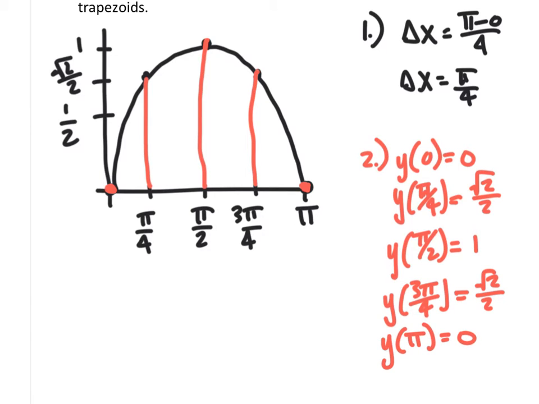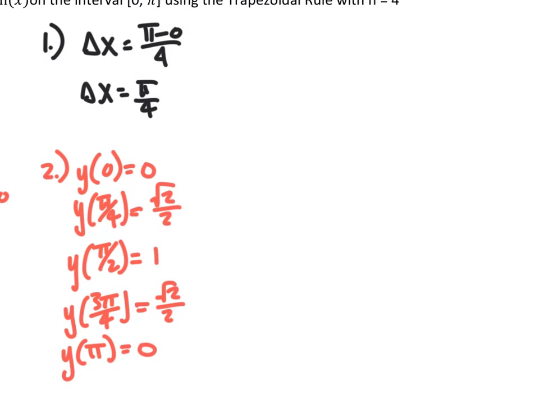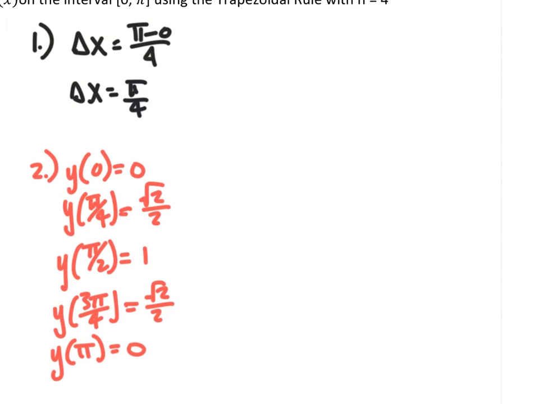Let's go ahead real quick and draw those trapezoids. I know this is 0, and that's 0. I know this is 1. I know each of these are the square root of 2 over 2. Now what I want to do is plug all of this into my formula.